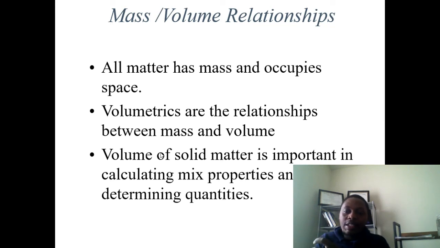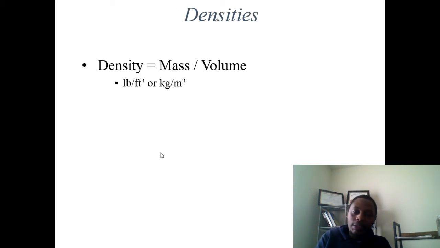The volume of a solid matter is important in calculating the mix properties and determining the quantities. This is what we'll cover in our next topic, but for this exam, just know the relationship between mass, volume, and density, and be able to calculate those. Density is equal to mass divided by volume. Make sure that you remember this formula.